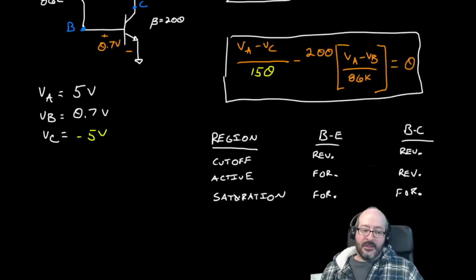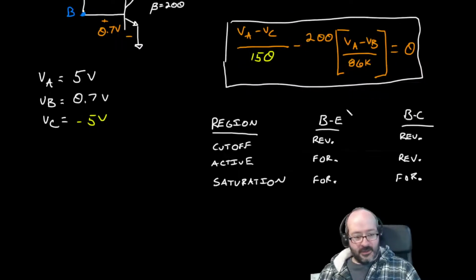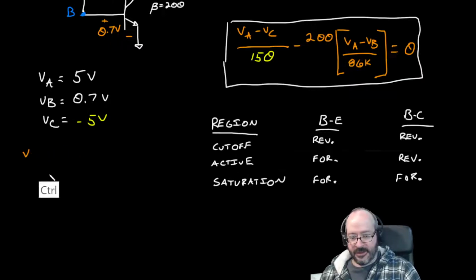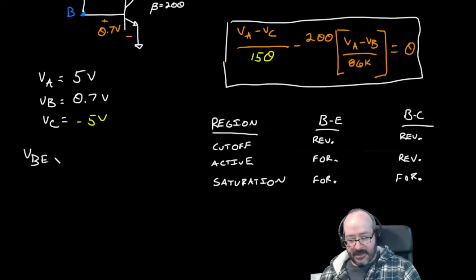Okay, so we can start to run through our checks, right? We can say VBE is still 0.7, so we call that forward. VBE equals 0.7 volts. So we can call that forward.